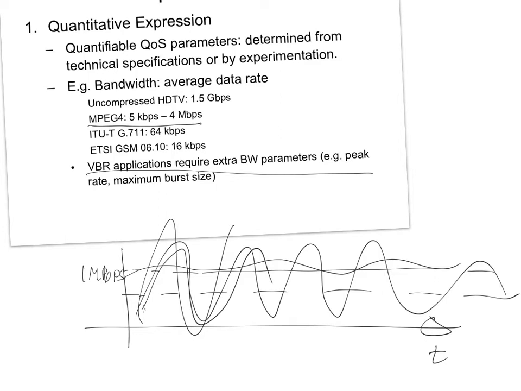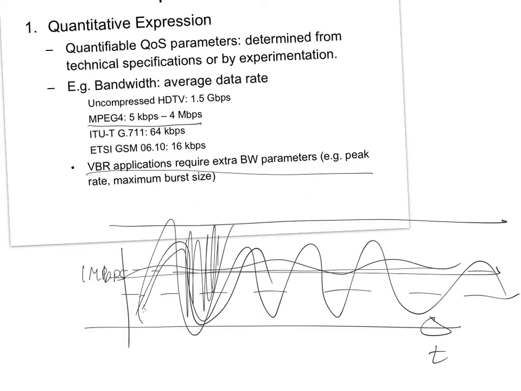But is this really efficient? No. Because when the rate drops down, we're wasting bandwidth. So if we guarantee the maximum rate, then anything below that is waste, right? If we maintain the average rate, then anything above this will encounter delay.